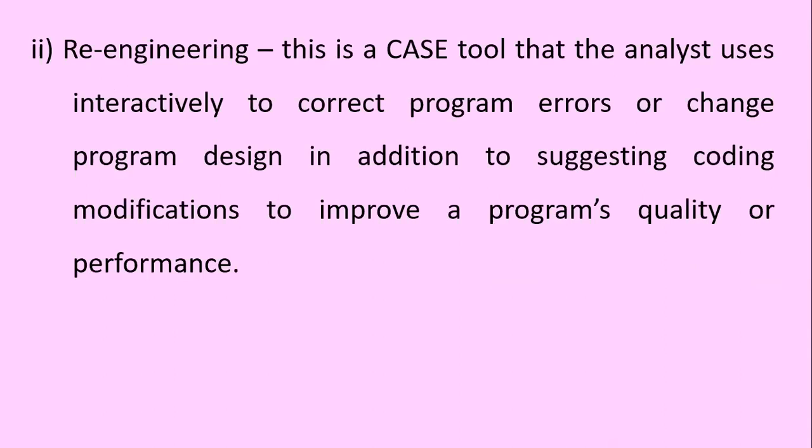Number 2 is re-engineering. This is a CASE tool that the analyst uses interactively to correct program errors or change program design, in addition to suggesting coding modifications to improve a program's quality or performance.